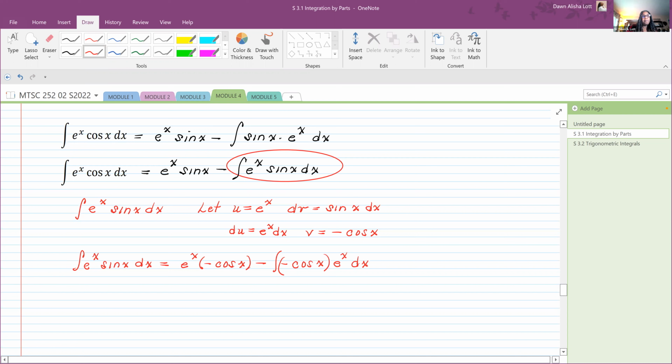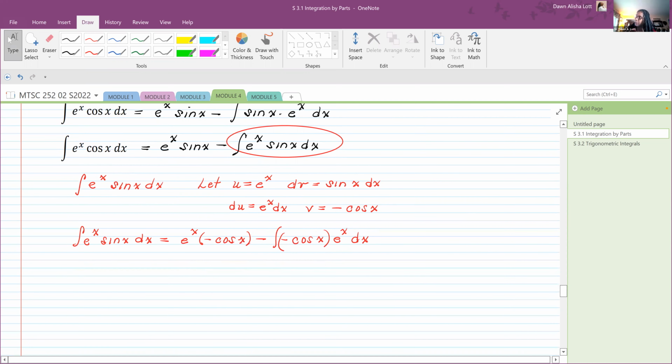All righty. So now I get that the integral of e to the x sine x dx, which is what I'm looking for. So this is what I'm looking for right here. There it is.